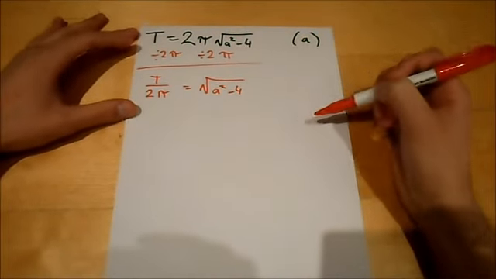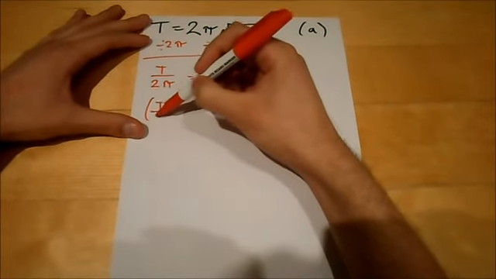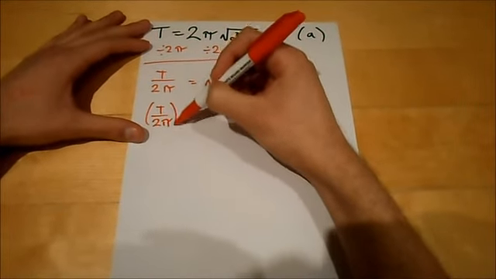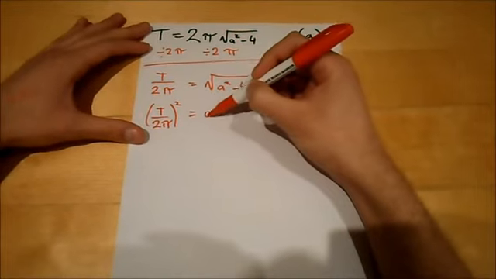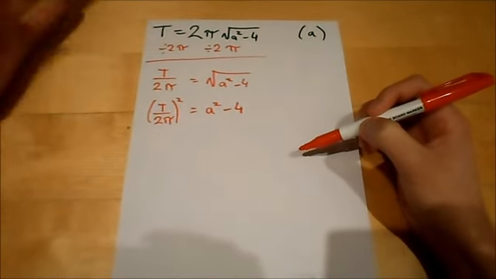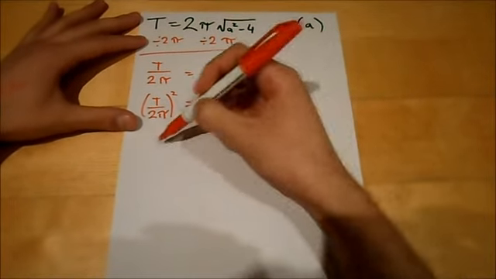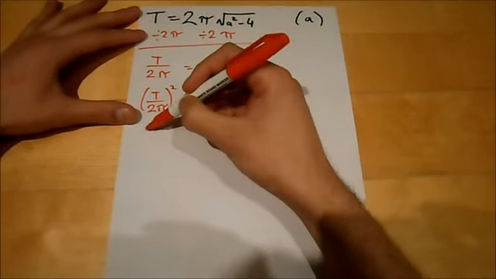Now, because this is all being square rooted, I can square it. So again, we put it all in brackets. (t over 2 pi) squared equals a squared minus 4. Now from here, I'm hoping that you should be able to see that we have to add 4 because we want to get rid of this.